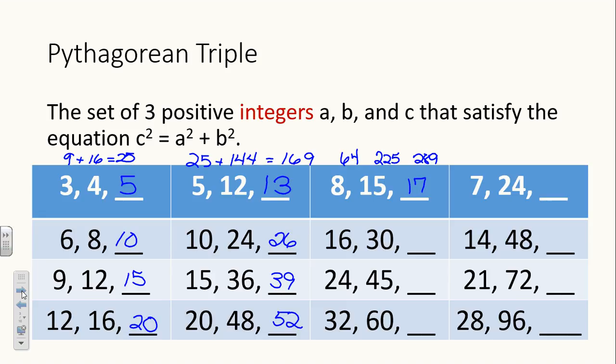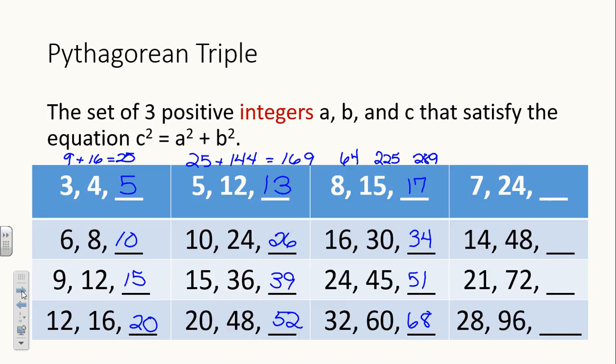Okay, so 8, 15, 17 is another one to be aware of, because they're going to help save you some time. And therefore 16, 30, and 34 will be another. 24, 45, and 51 and 32, 60, and 68. Make sense?